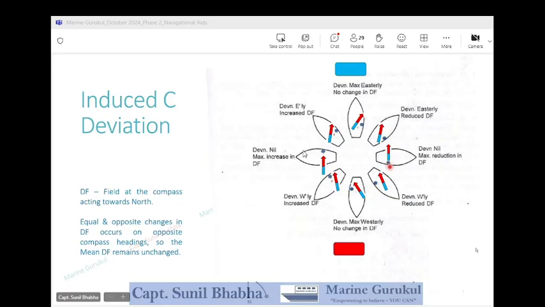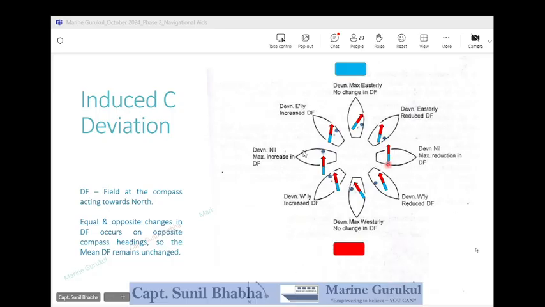For generating deviation, the blue pole has to be at some angle to the magnetic lines of force. It has to be either east or west of the compass needle. So in this case, it is exactly aligned with the compass needle as well as the magnetic lines of force, thus generating no deviation at all.